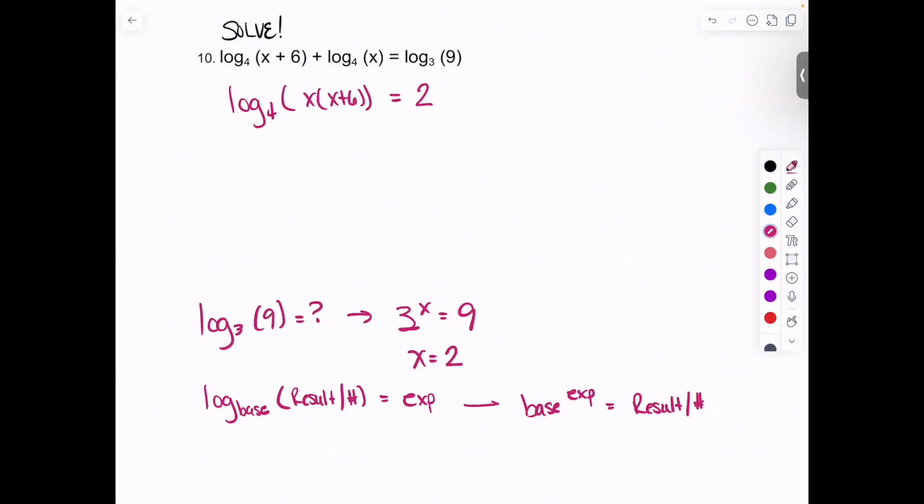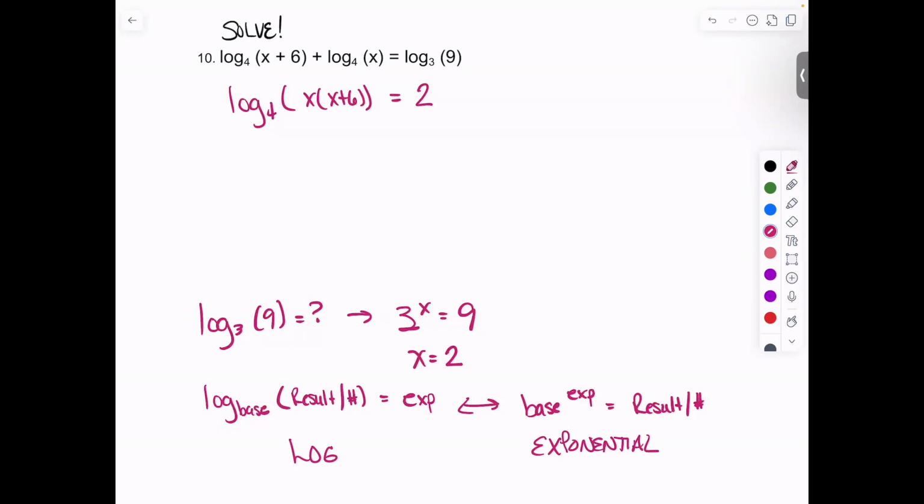And so we use these setups to convert between the two. So I simply used what I know about logs and switched it over to the exponential. This is our log versus exponential format. And I can say, for my convenience, well, I know log base 3 of 9 is 2. And I'm going to leave it at that.